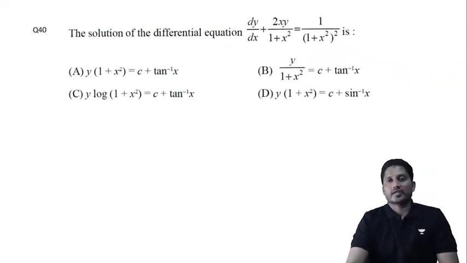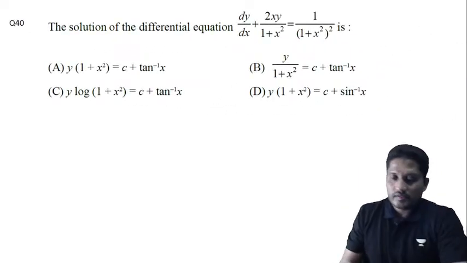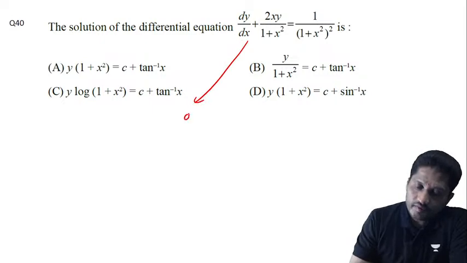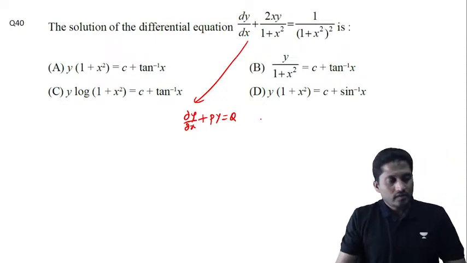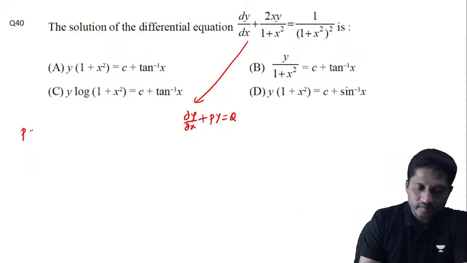Right, question number 40. This is the last NCERT exemplar question. This is of the form dy by dx plus py is equal to q. Now this p is equal to 2x by 1 plus x square, and q is equal to 1 plus x square the whole square.